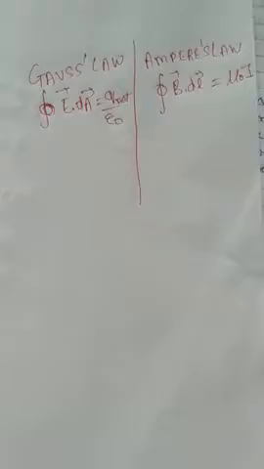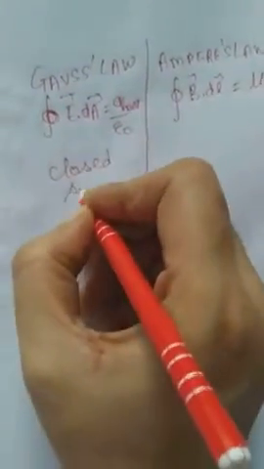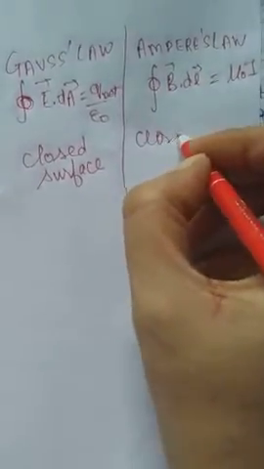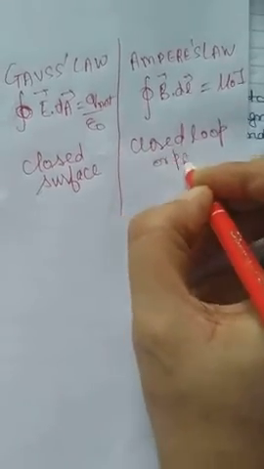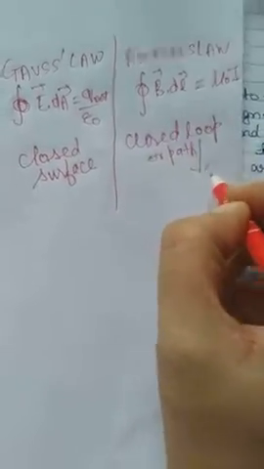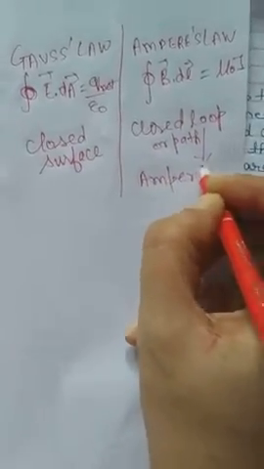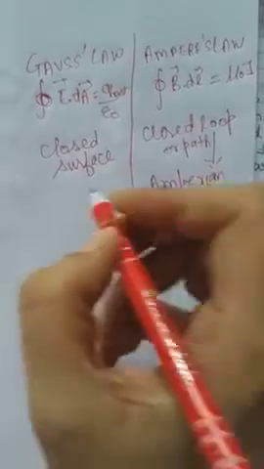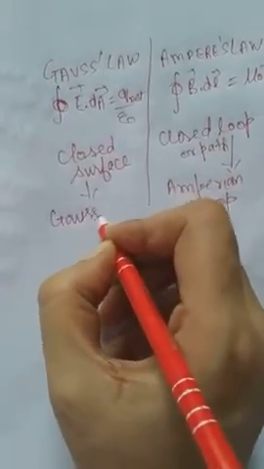In both cases this is defined for a closed surface: here we have a closed surface, here we have a closed loop or path. This closed loop is known as the Amperian loop, and this closed surface is the Gaussian surface.